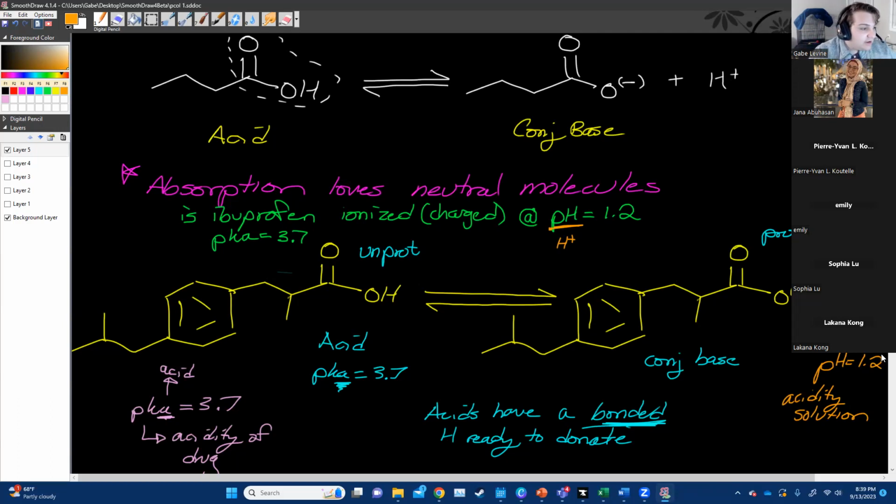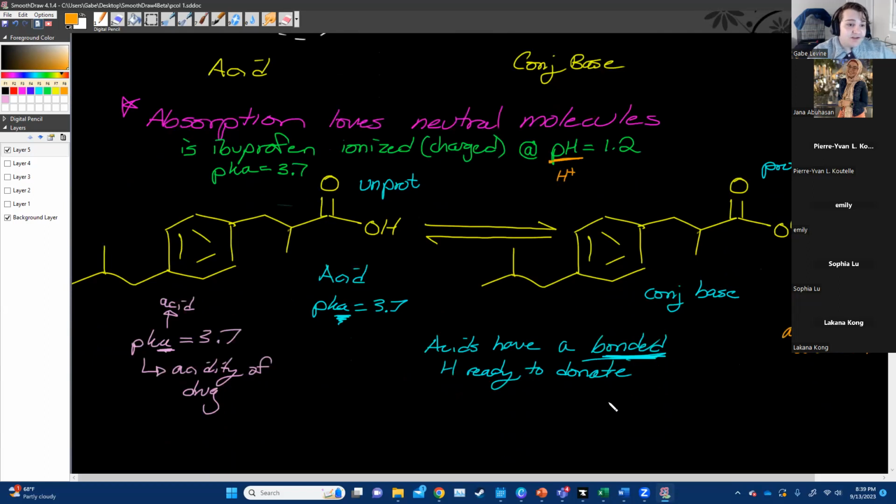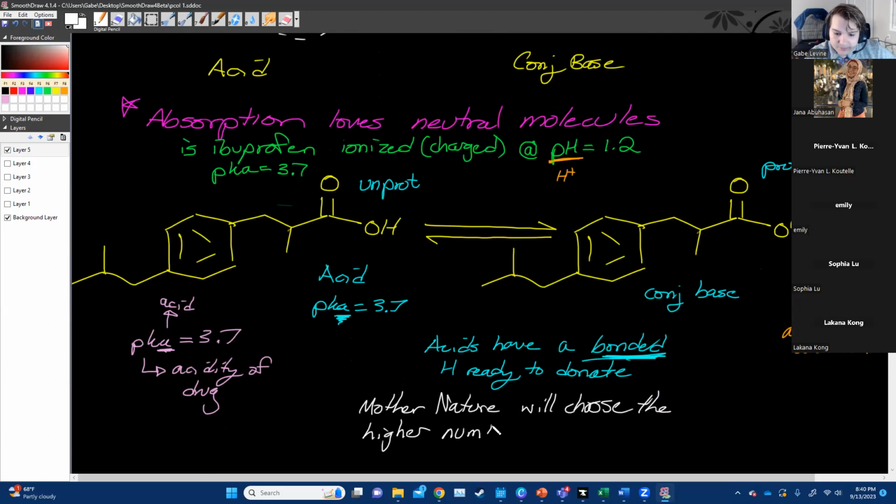What's important here, and what we can always check to make sure we've done this right, is that our pKa is on the opposite side of our pH. The reason is that Mother Nature will always choose the higher number, because it's a weaker acid.